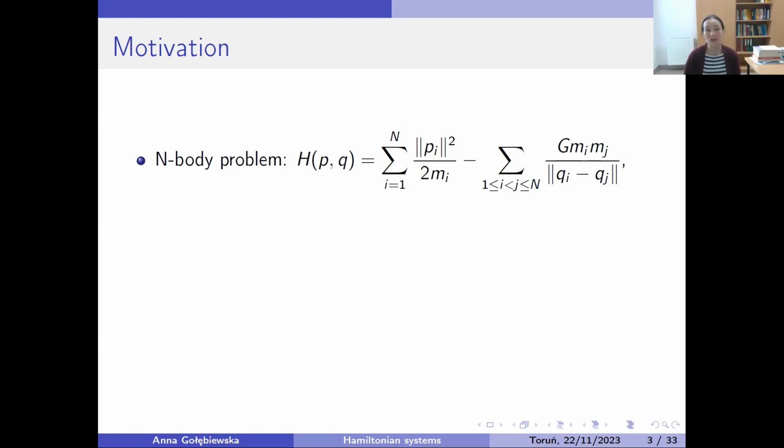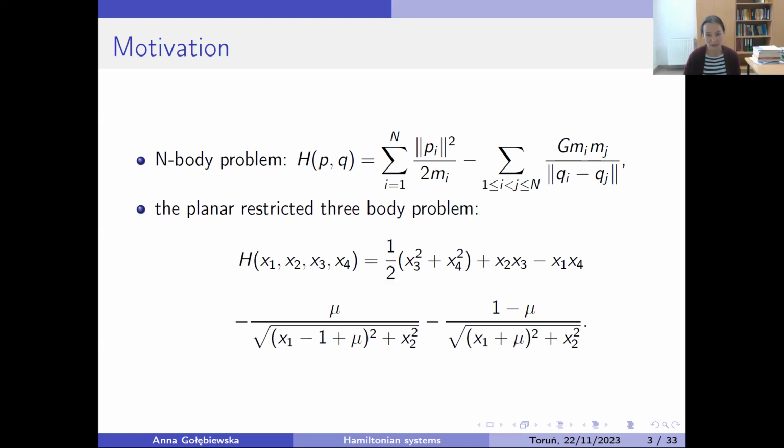But sometimes also in very special cases there are different kinds. The very well-known restricted three-body problem, the planar problem, which means we consider it only on the plane, in the rotating coordinate system has the Hamiltonian of this form.